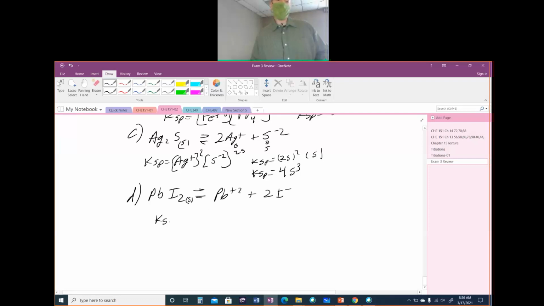So your KSP, concentration of Pb plus 2, concentration of I minus squared. Again, you would have 0 and 0. Then you would have S, you would have 2S. And when you plug that in, you have your KSP. That's S, that's 2S, that's squared. And so this one, KSP, is equal to 4S to the third.